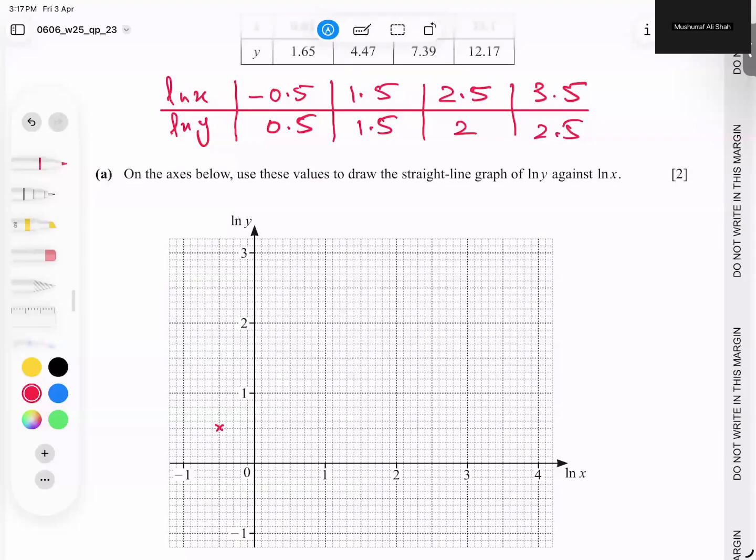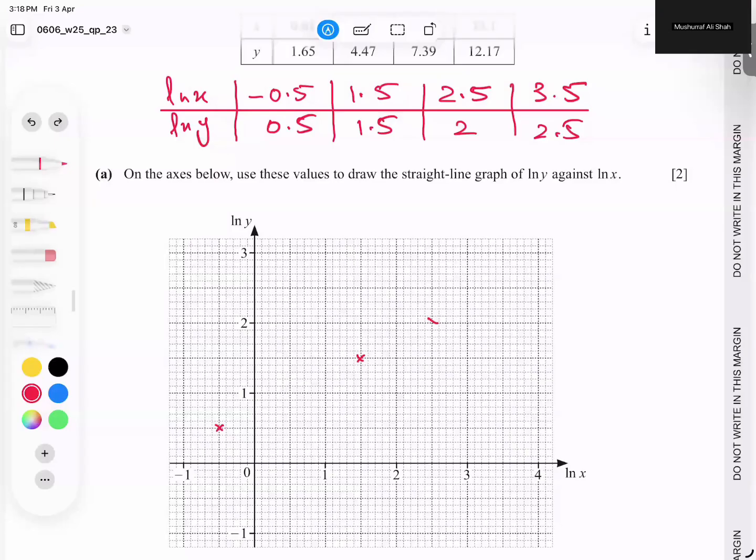Then 2.5 and 2: 2.5 is here and 2 is here. And the last one is 3.5 and 2.5.